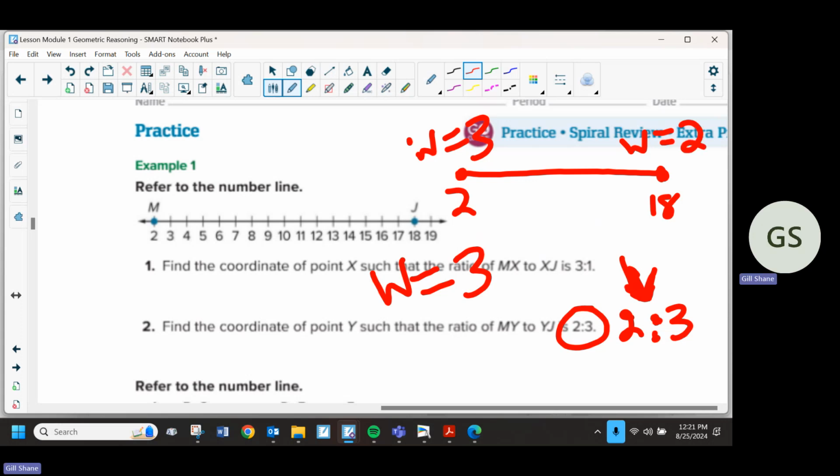There is sometimes when it gets a little tricky and they'll actually say split it from a ratio from J to M. So they'd actually be going in reverse and you got to figure it out. I'm not going to cover those exceptions. Just know that they can make it trickier. Just if it's a normal problem, though, you just flip the weights. So again, I put in this 2, I put on the right side, this 3, I put on the left side. I flipped them when I did the weights up there.